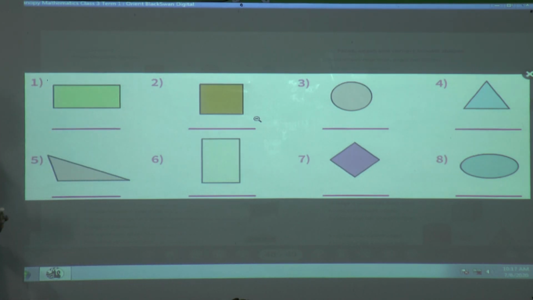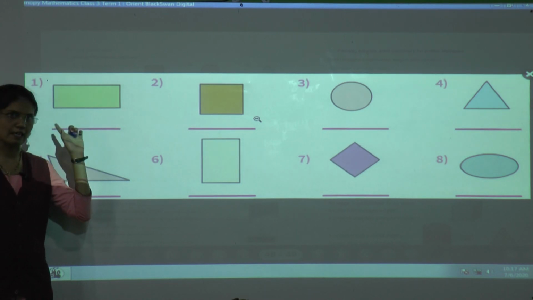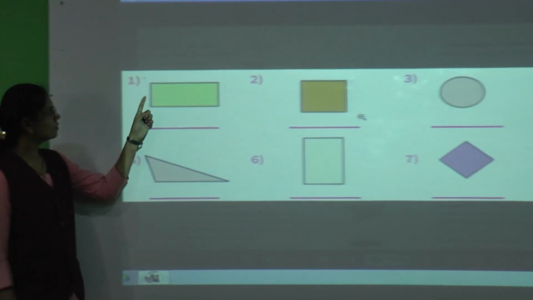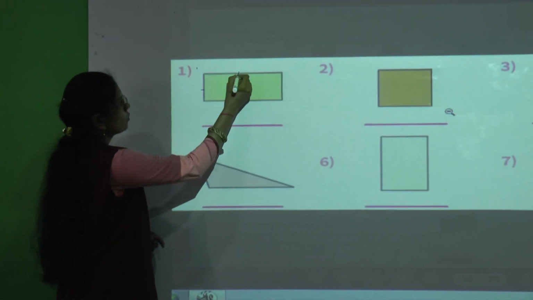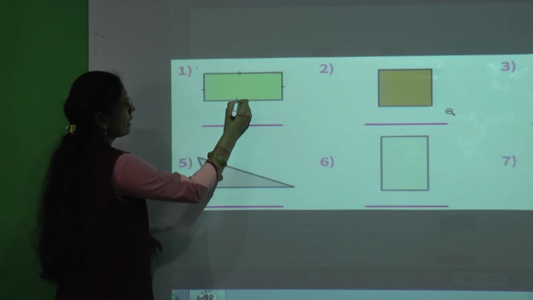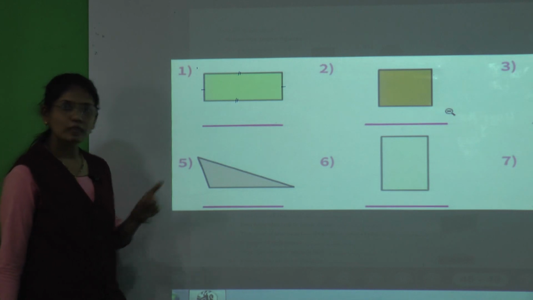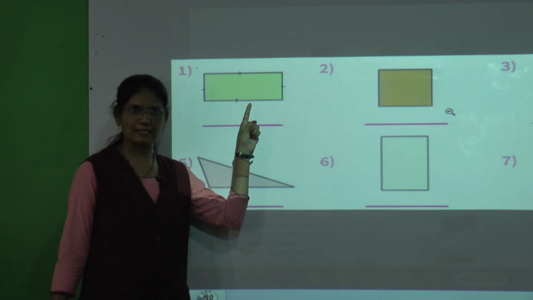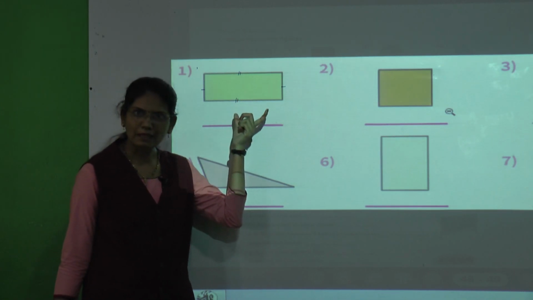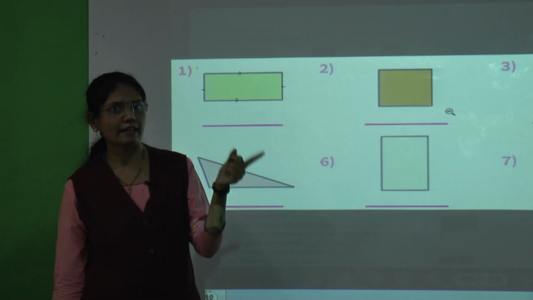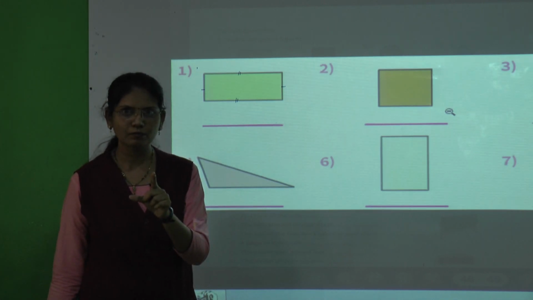Okay. Now here, first of all, we will count how many sides it has. Okay. 1, 2, 3 and 4. It has 4 sides. So which shape is it? Rectangle or square?